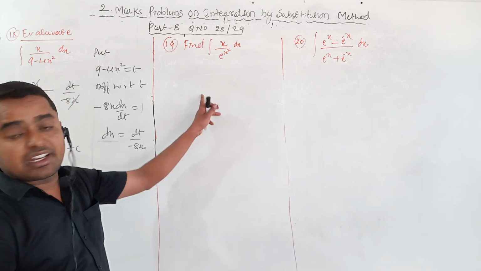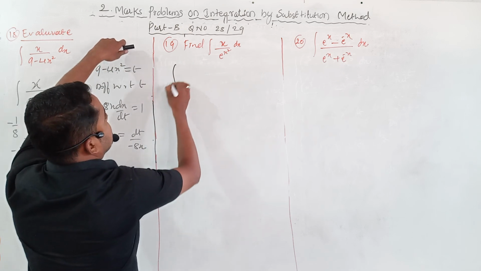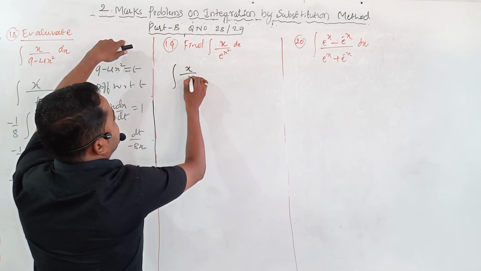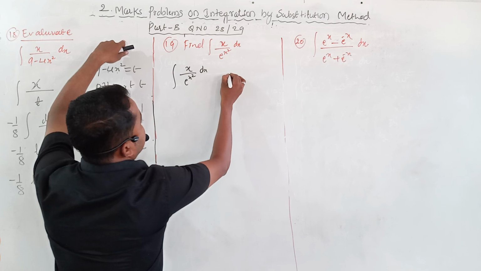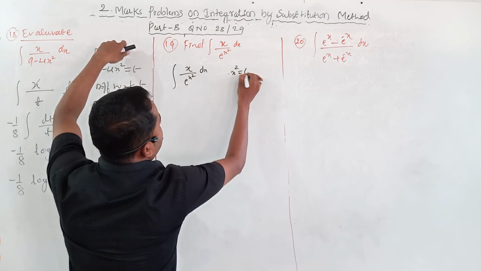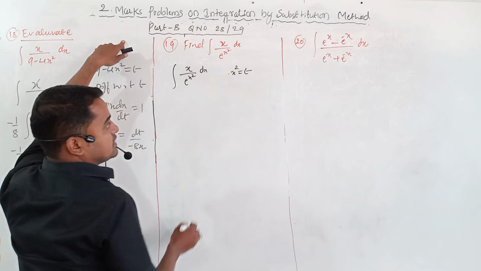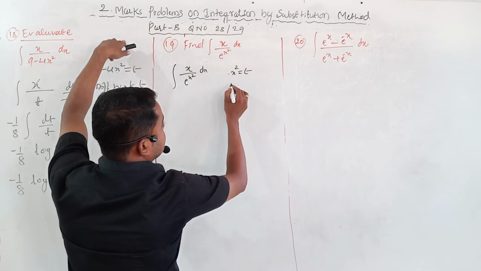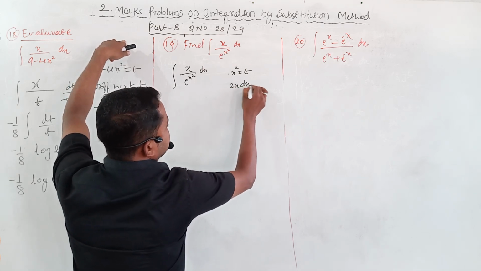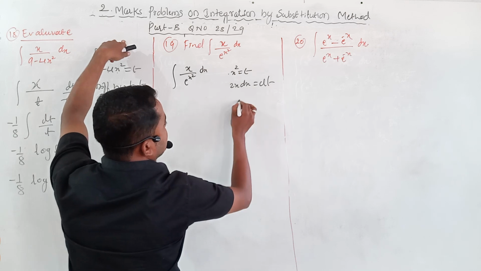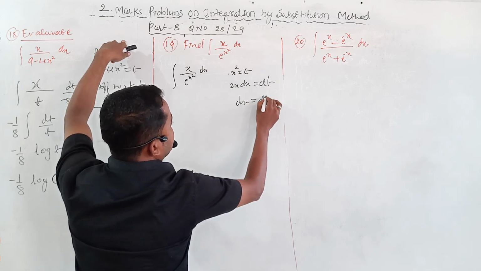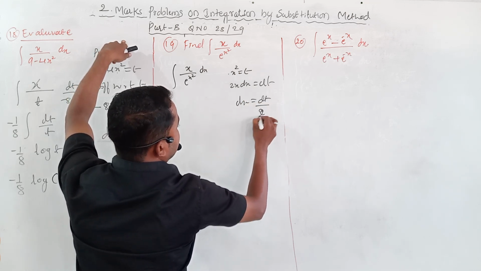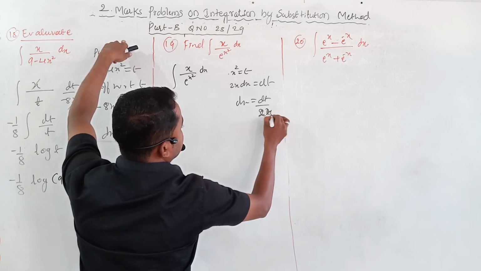And find the integral of this one: x divided by e raised to x square dx. Put x square is equal to t. Yes. Now 2x dx is equal to dt. Now dx is equal to dt by 2x.